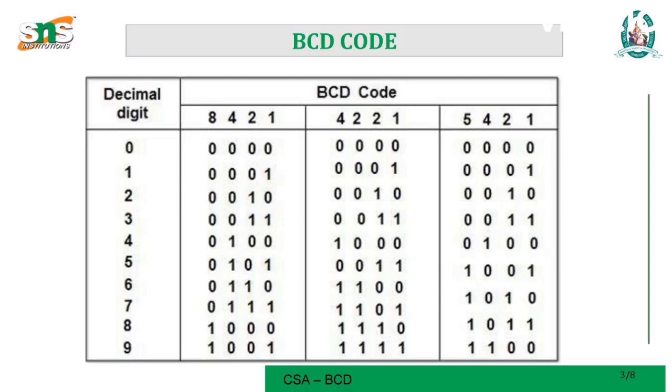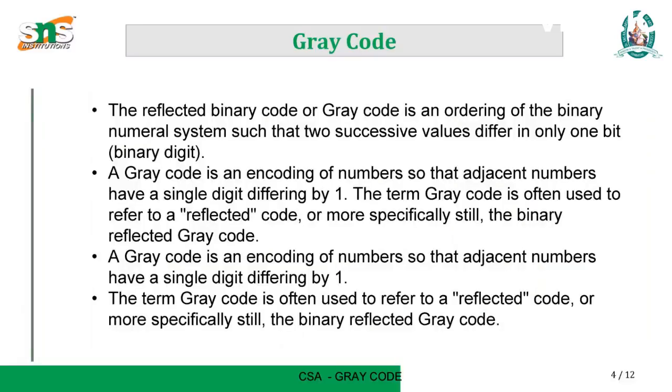So the value for 2 is 10, the value for 3 is 11, the value for 4 is 100, the value for 5 is 101, the value for 6 is 110, 7 is 111, 8 is 1000, and 9 is 1001. So this is the decimal digit and this is the binary equivalent, and it is called the 8421 code. Likewise, you have the other decimal digits also, and it is also called a weighted code.